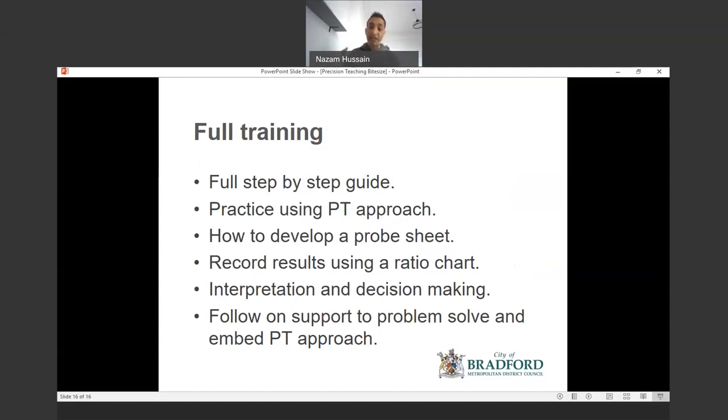We will think about how to interpret and what kind of decisions to make based on the data in front of you, and also how to not only carry out those discrete skills, but ensure that those skills are transferred into everyday classroom context. So if you're doing spellings, how do we make sure that those are being used accurately in any independent writing task?